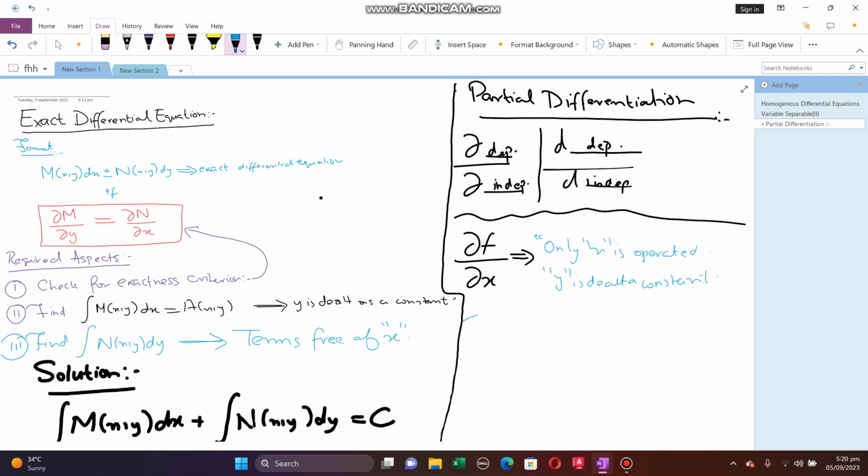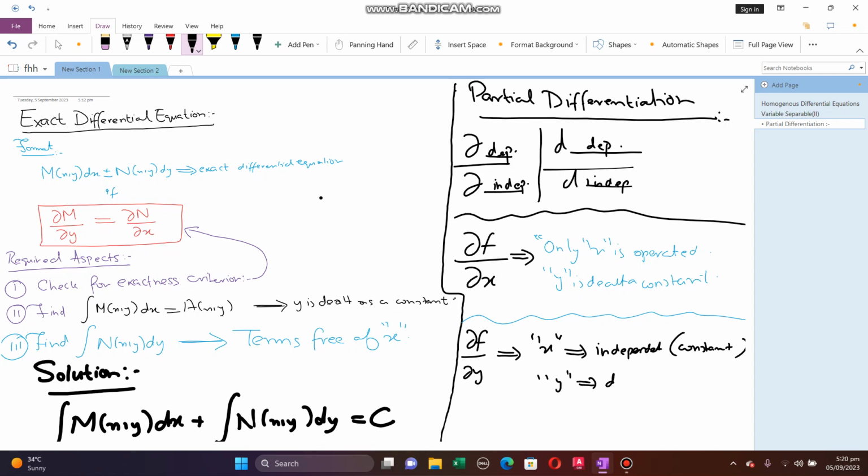Similarly, in the case where we have df over dy, x is dealt with as a constant, sorry for the misuse of the terminology, and y is in fact operated.